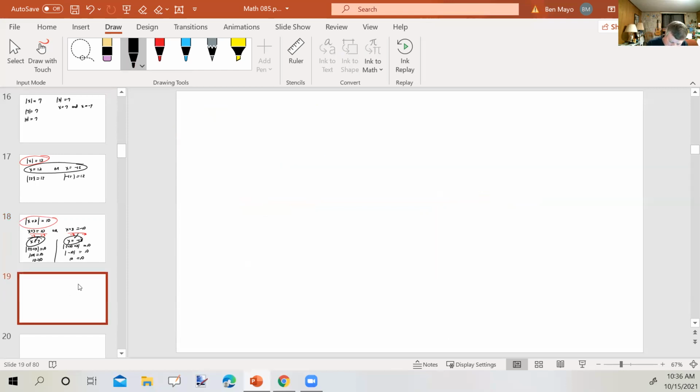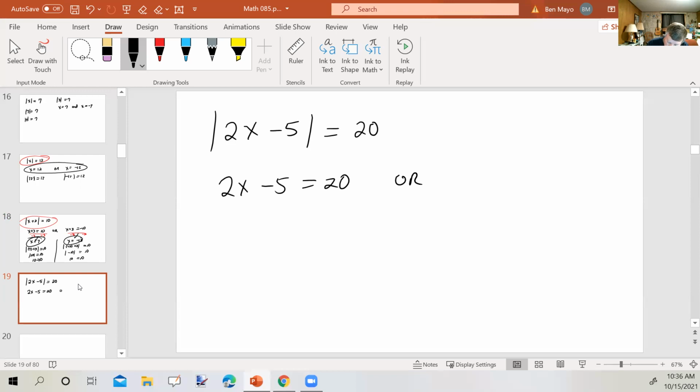Okay, let's take a look at this one. The absolute value of 2x minus 5 equals 20. So that means what's inside the absolute value bars has to either equal 20, or what's inside the absolute value bars has to equal the opposite of 20, or negative 20.